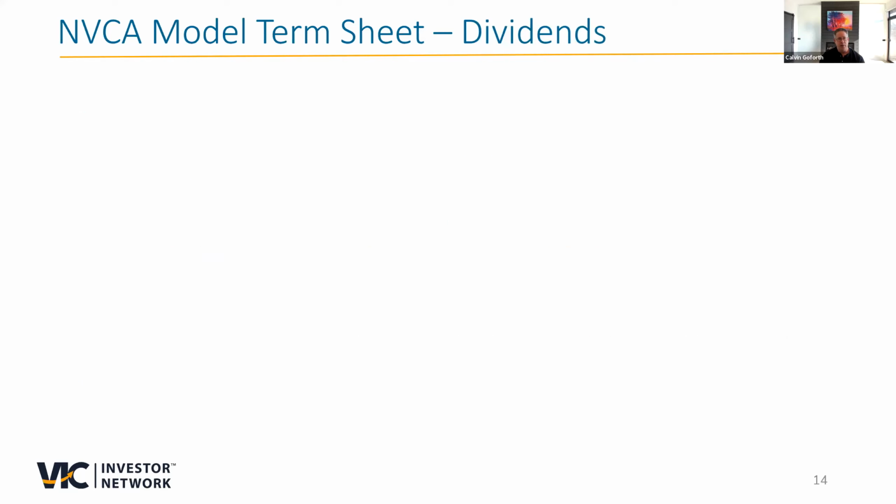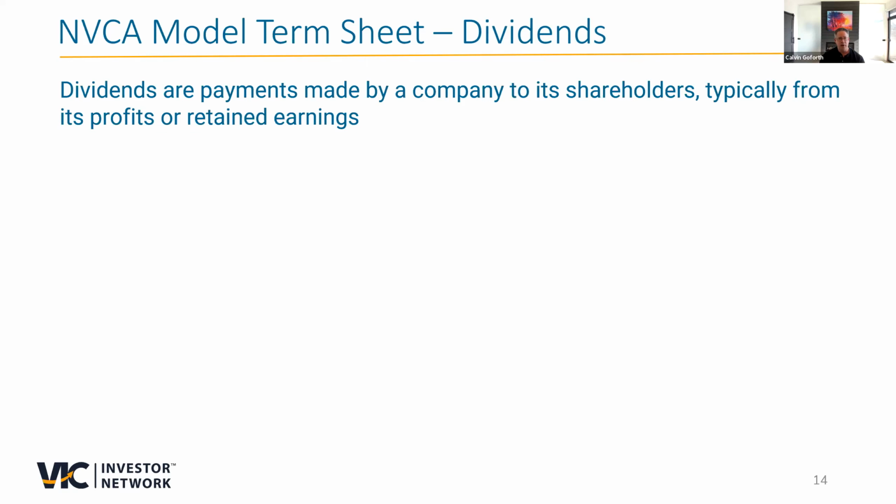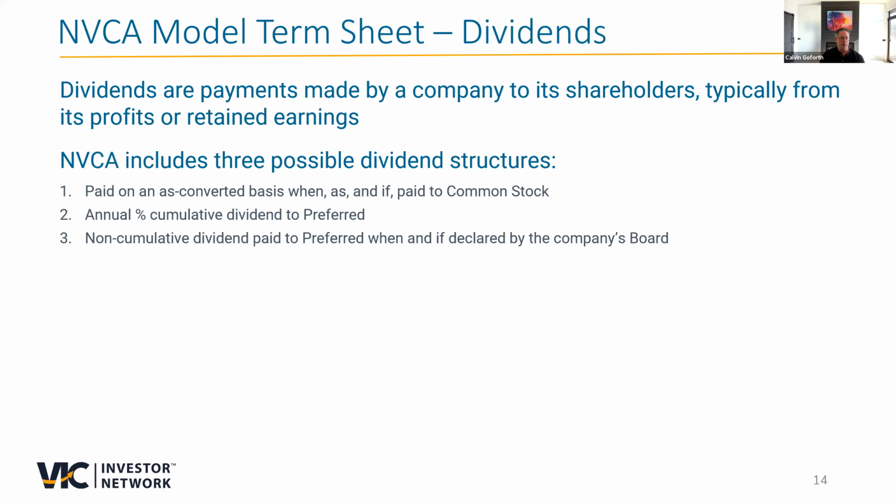The NVCA model term sheet covers a few different dividend structures. Dividends are payments made by the company to its shareholders, typically from the company's profits or retained earnings. The NVCA model term sheet includes three possible dividend structures to choose from. One would be dividends that are paid on an as converted basis, when as and if paid to common stock.